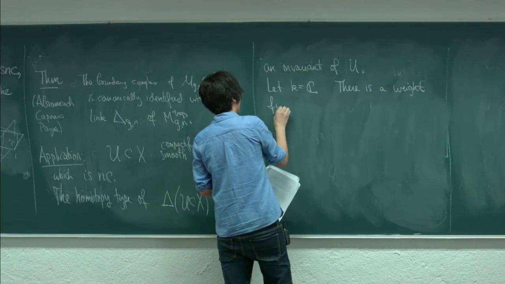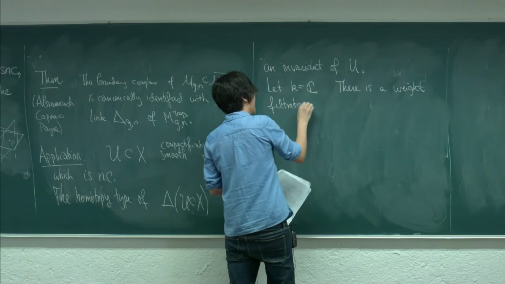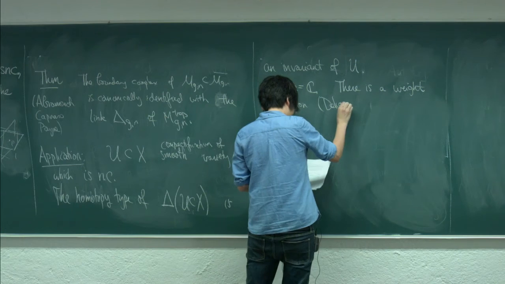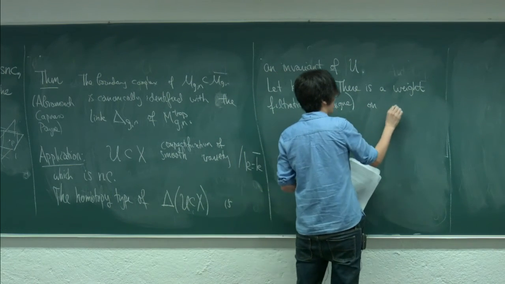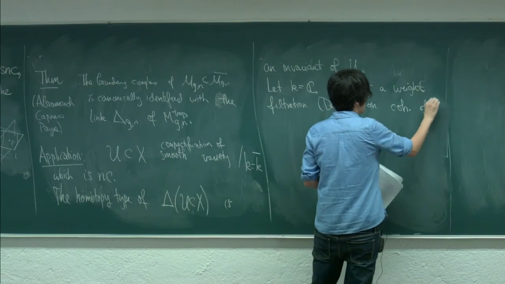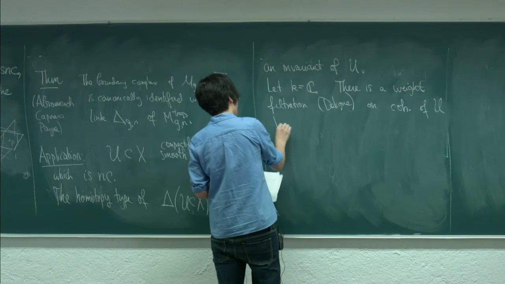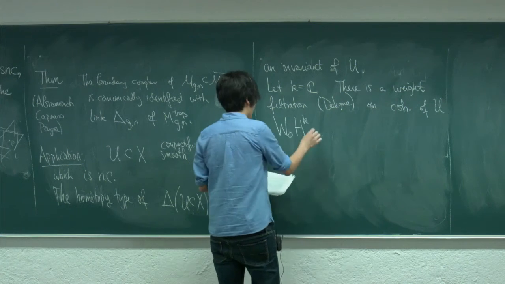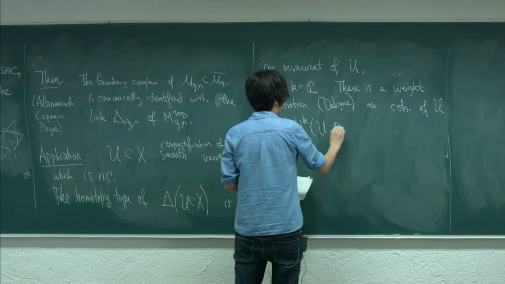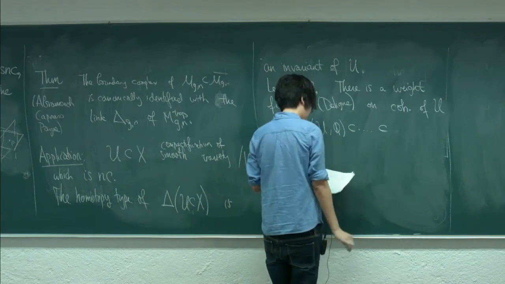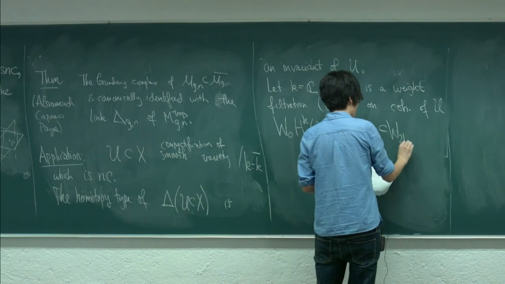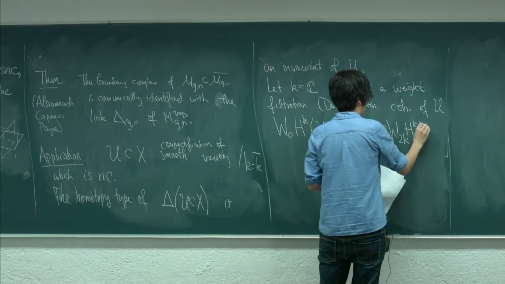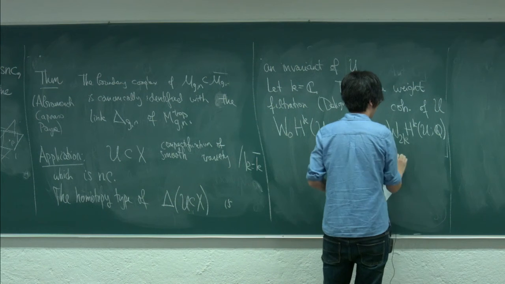This is Deligne's weight filtration on the cohomology of U. And so let me just write it up to fix notation. It's W sub 0 of H^k(U; Q) up to W sub 2k of H^k(U; Q), which is the full thing.